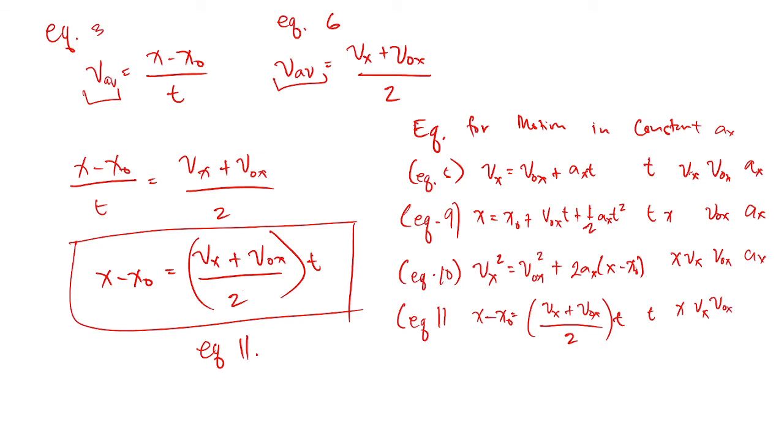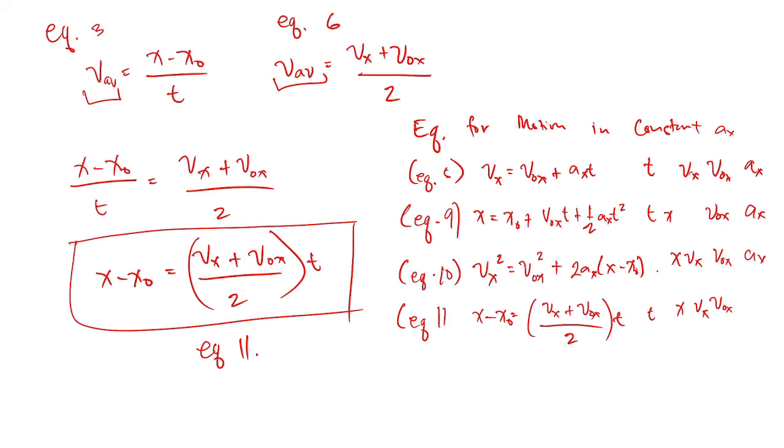Kaya kung makikita nyo class dito sa list na to, pwede na nating gawan ng checklist or mnemonics kung ano yung gagamitin na equation for certain scenarios involving constant acceleration. So we have an equation wherein absent yung position. We also have an equation wherein we don't have the final velocity. That is equation 9.